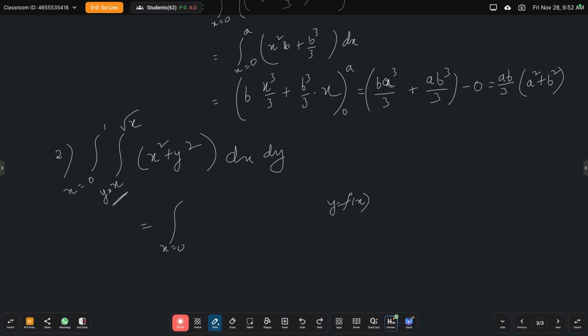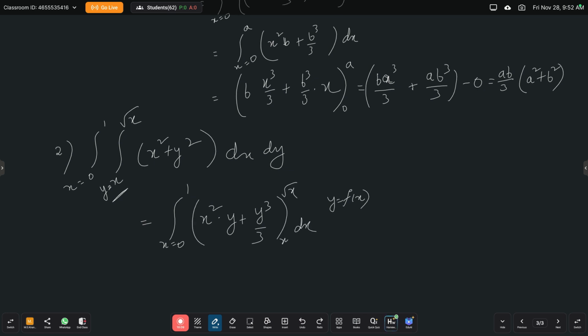Integral x equal to 0 to 1. First with respect to y, x squared is constant, the integral of dy is y, plus the integral of y squared is y cubed by 3. Limits are x to root x, into dx. We have two limits, x to root x.